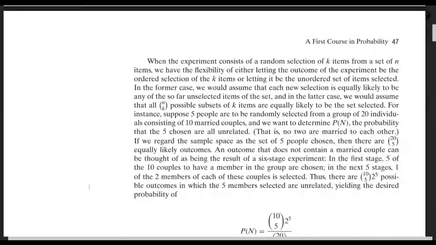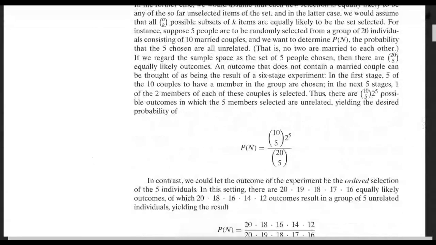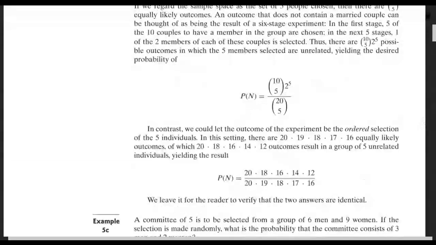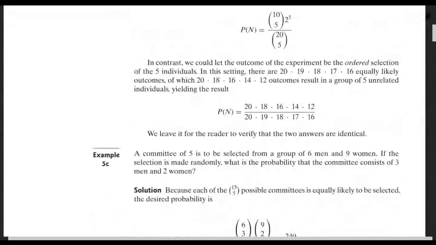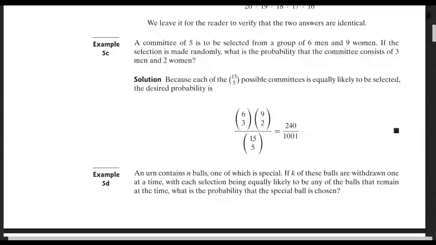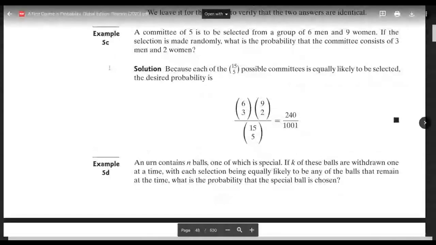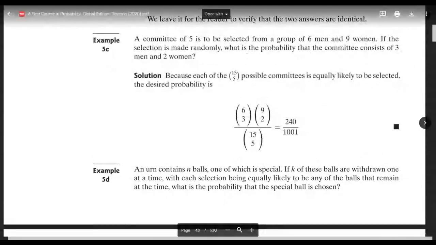Okay, this is talking about the general case. Let's see example 5C. A committee of 5 is to be selected from a group of 6 men and 9 women.